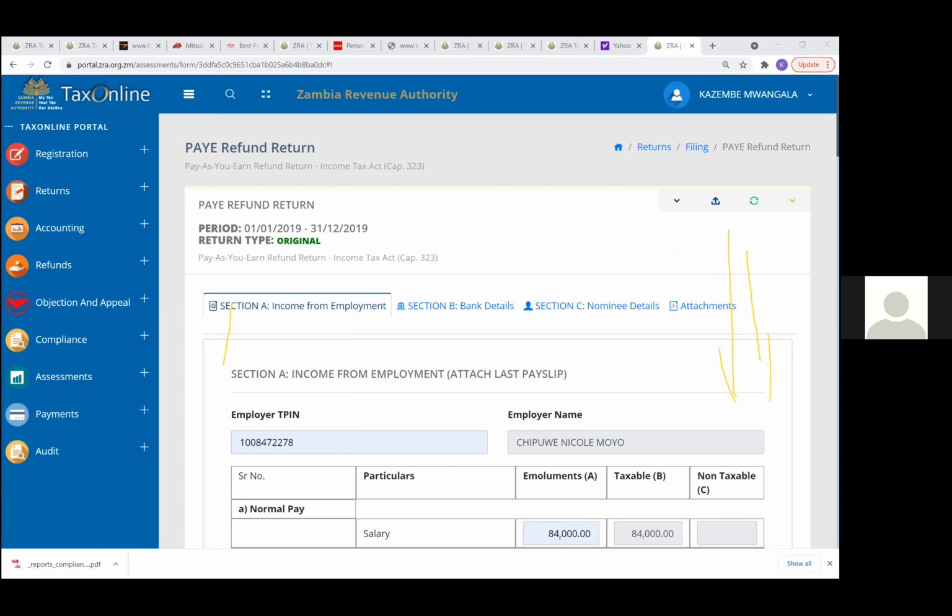So they themselves will have just put 50,000 either on the manual form or on the system. But when an assessor does an assessment, looking at all the documents they will have attached, they will see that actually, apart from the 55,000, there is a transport allowance and probably other allowances, say, for example, housing allowance, because we've got institutions that don't tax housing allowance.